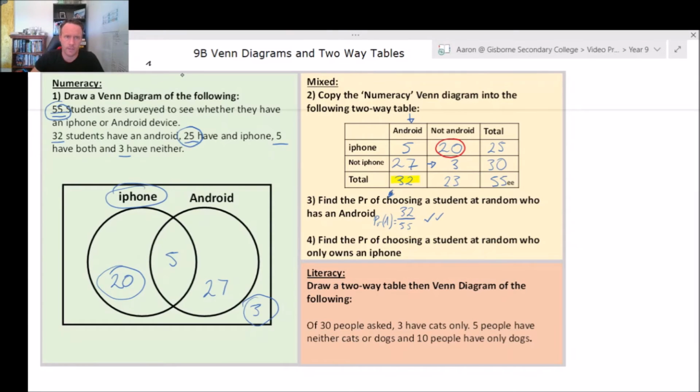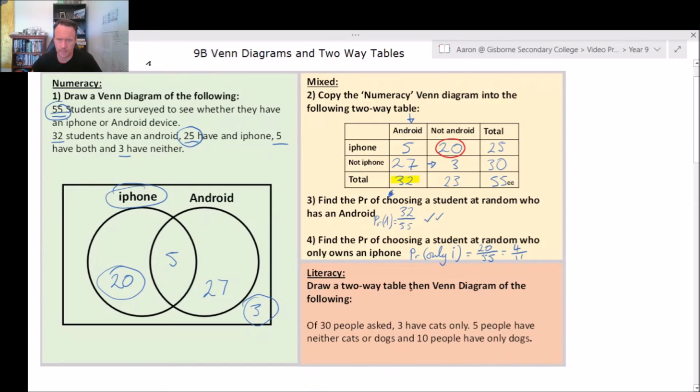So if we take that into account, we are going to have probability of only iPhone is equal to 20, and that's out of a total of 55. Now, hopefully we can see that we can simplify that. So 5 goes into both of those, and that is 4 over 11.